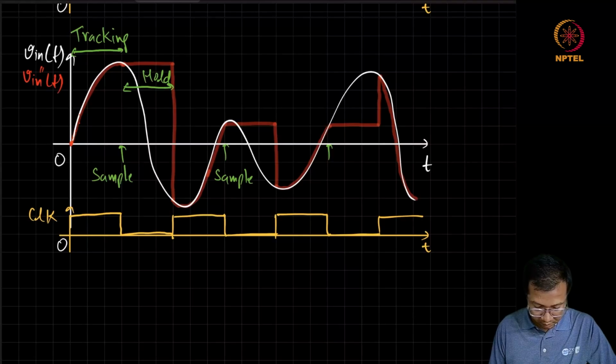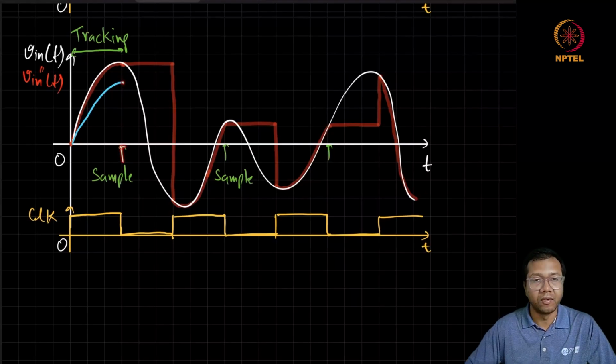Okay, so because of this R on and C sample, you will see some kind of delay. So this delay is going to make the signal which is getting sampled different from the input signal which has been applied.